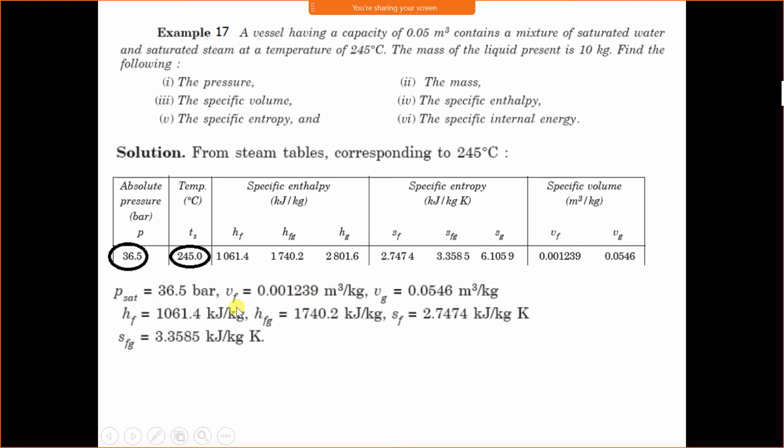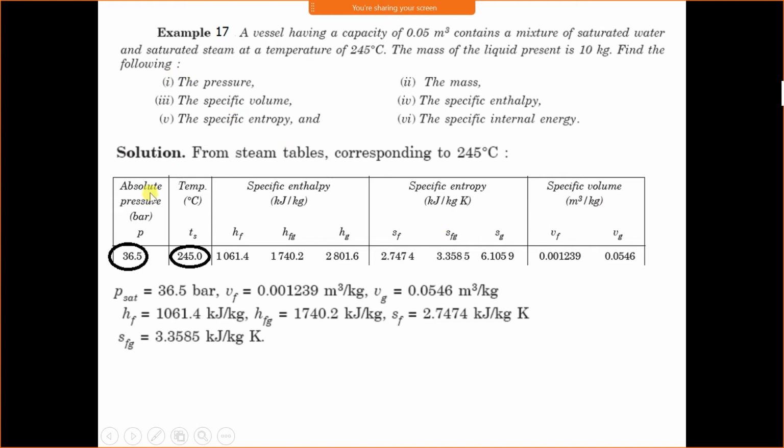Then the other values are VF, that is 0.001239, VG 0.0546, HF 1061.4, HFG 1740.2, HG 2801.6, SF 2.7474, SFG 3.3585, then SG 6.1056.